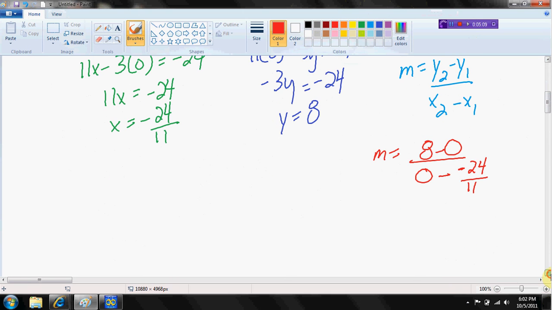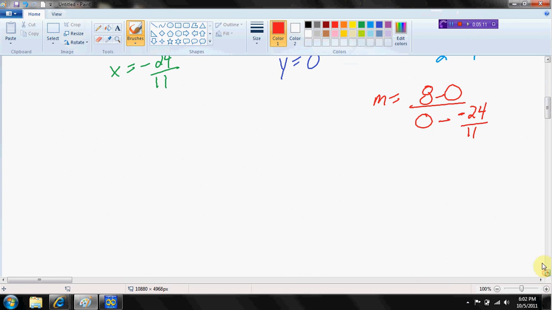Let me scroll down so we have some more room here to work. So we have m is equal to 8 over 24 over 11. Alright, that's a little messy. So what I want to do is take 8 and divide it by 24 over 11 because that's what the fraction bar right here is telling us to do. This is actually 8 times 11 over 24.